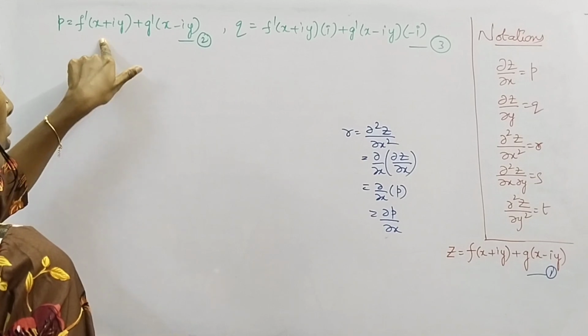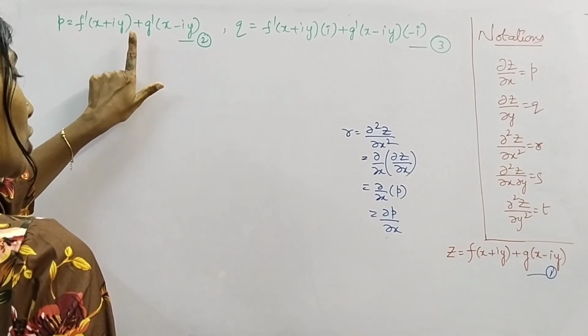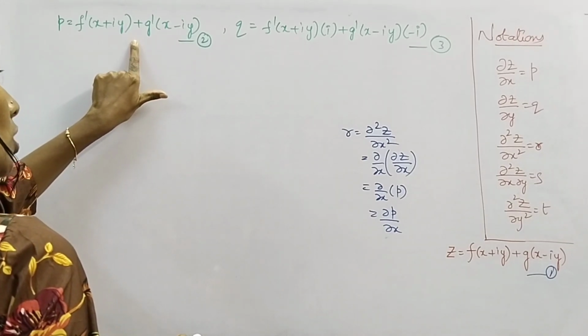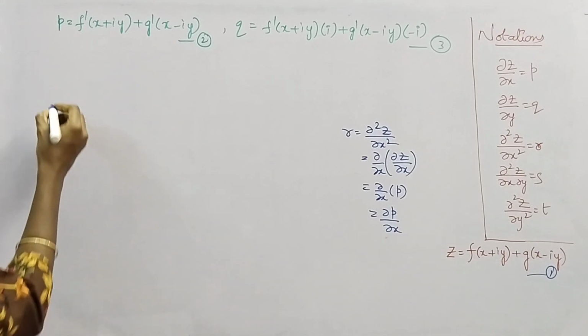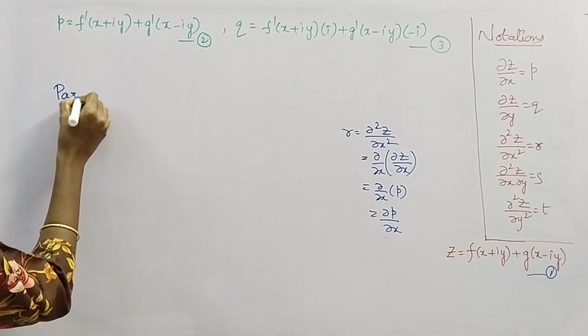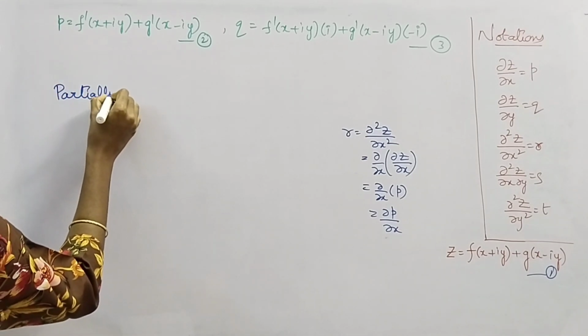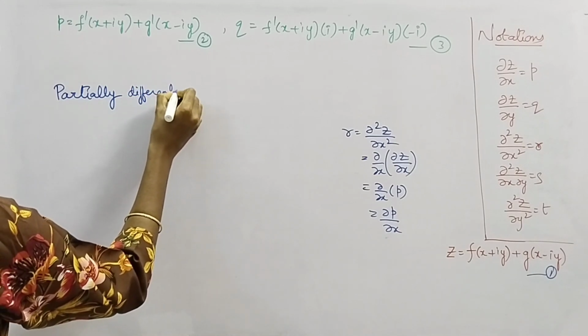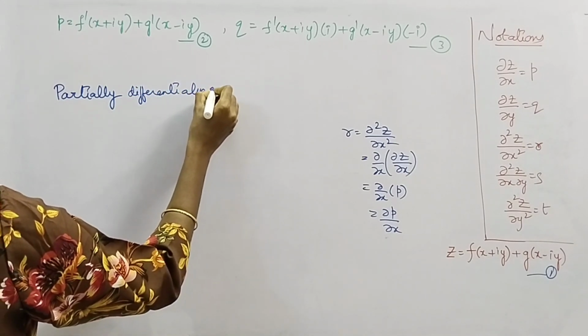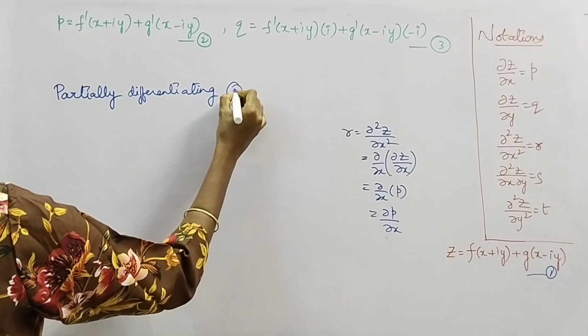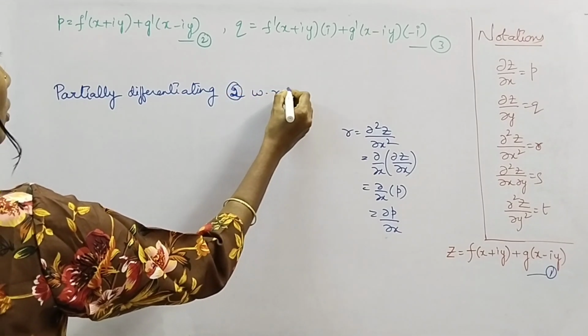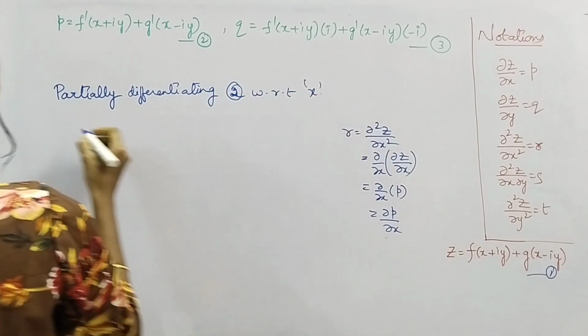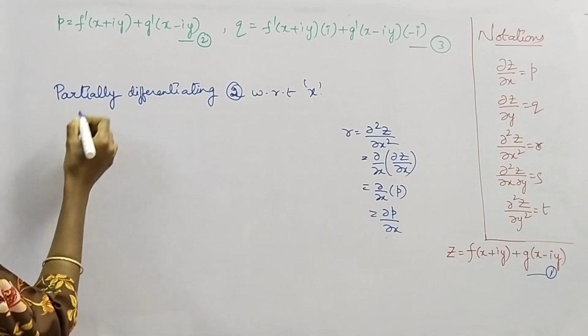So what we have to do? We have to partially differentiate this 2 with respect to x. Partially differentiating with respect to x, just apply dou by dou x on both sides of it.